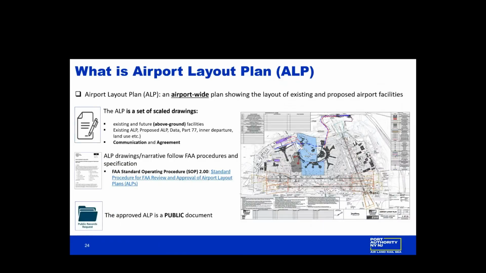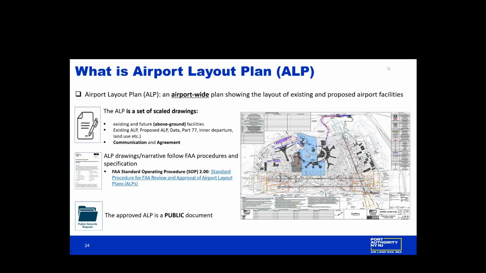So what is the airport layout plan? It is an airport-wide set of drawings showing the above-ground layout of existing and proposed airport facilities. It's also a key communication tool and agreement between the Port Authority, as the airport sponsor, and the FAA, as the regulator.